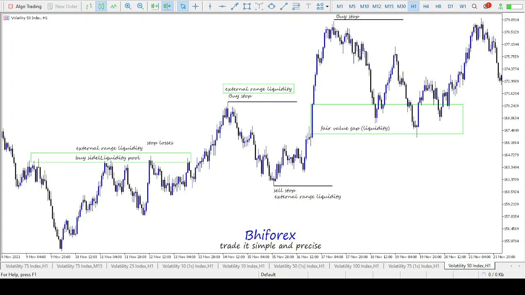And in the price delivery algorithm, we'll start talking about the PDRs, fair value gap, liquidity void, order blocks, proportion blocks, breakers, and so on and so forth. But for now, what I've been able to do is just to show you how, when you're analyzing your charts and trying to annotate, your chart should look like this, what you're looking at on my screen, when it comes to finding your buy stop, sell stop, internal and external, and so on.